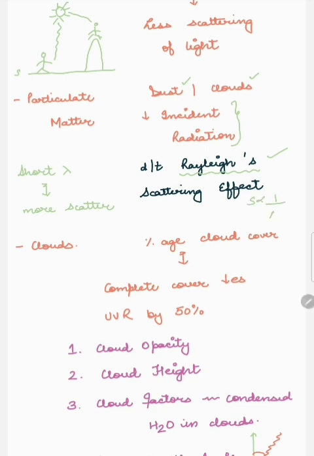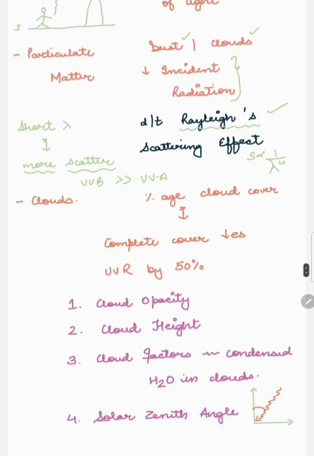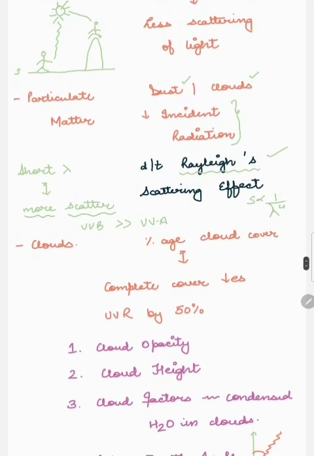Scattering is inversely proportional to the fourth power of wavelength. So in simple words, shorter the wavelength, more will be the scatter. So we know that already though, that UVB will scatter more than UVA. We know that, but now we know the reason for it. So easier and better to understand. So even particulate matter will cause a variation in the incident radiation.